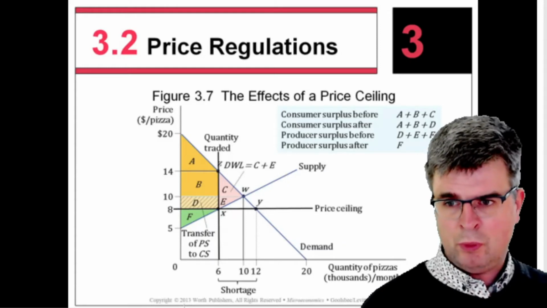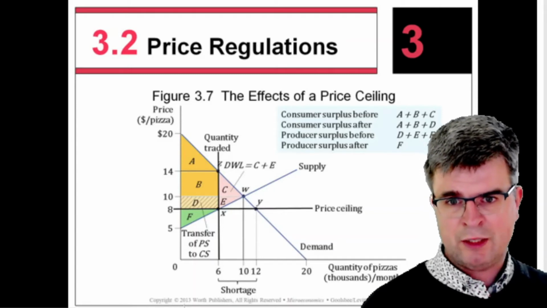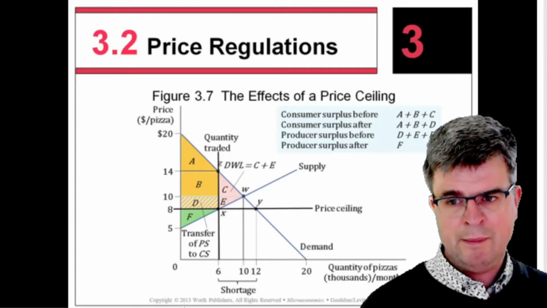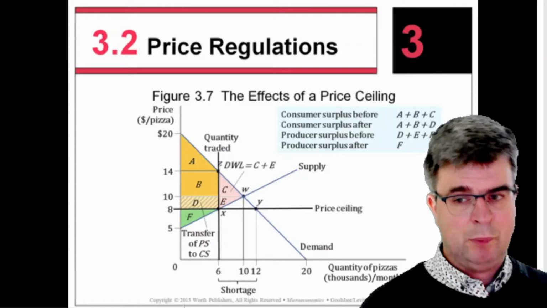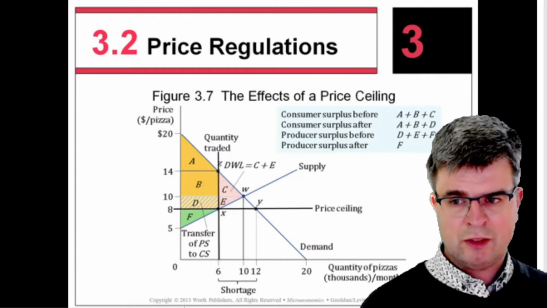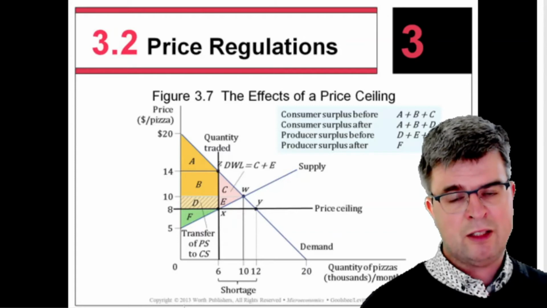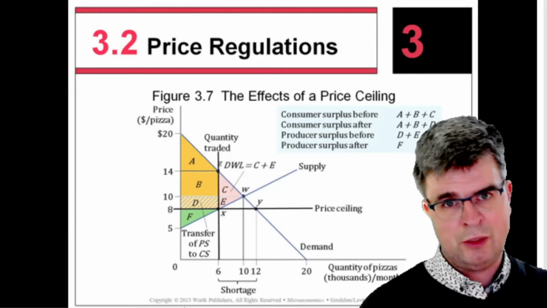Now, for the people who are able to buy a pizza, this is good news because their surplus increases. Previously, at a price of 10, their surplus was A plus B. But now at a lower price of 8, they get the same pizza, but at a lower price, meaning that some of the surplus that was previously in the hands of the producers is now transferred to the consumers.